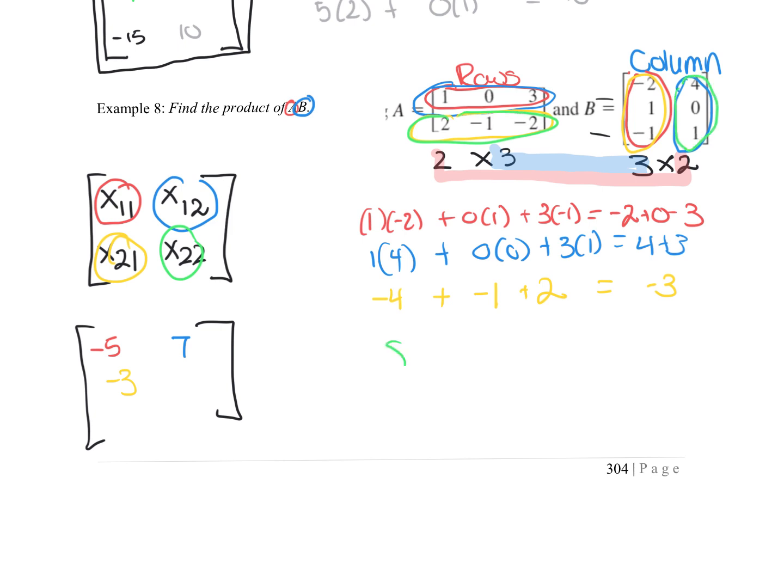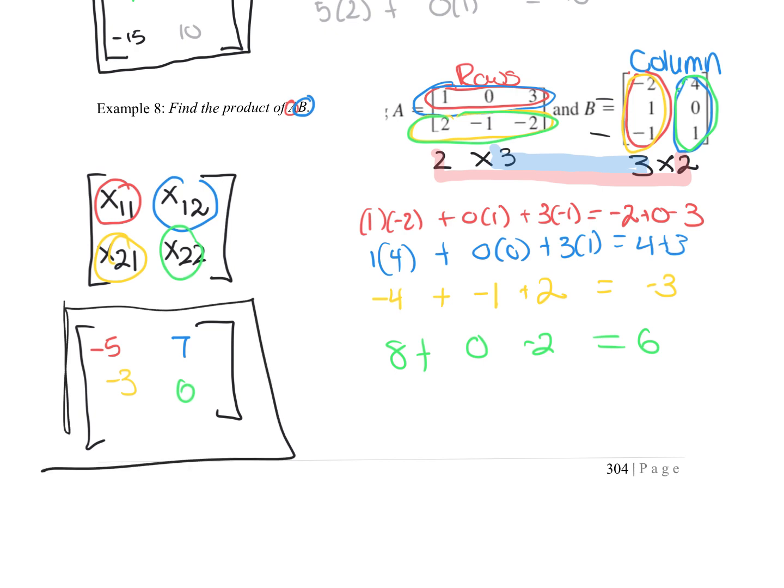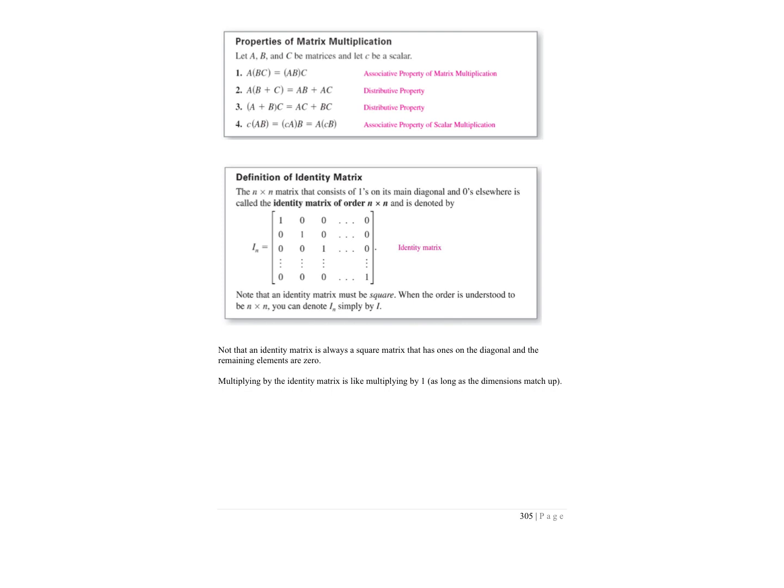So 2 times 4 is 8, plus negative 1 times 0 is 0, plus negative 2 times 1 is negative 2, makes this a 6. So this is my product of those two matrices. Oops, sorry. It's going to be a 2 by 2.